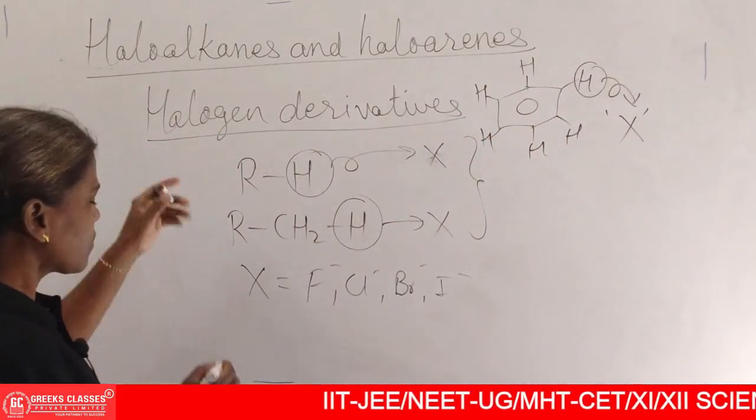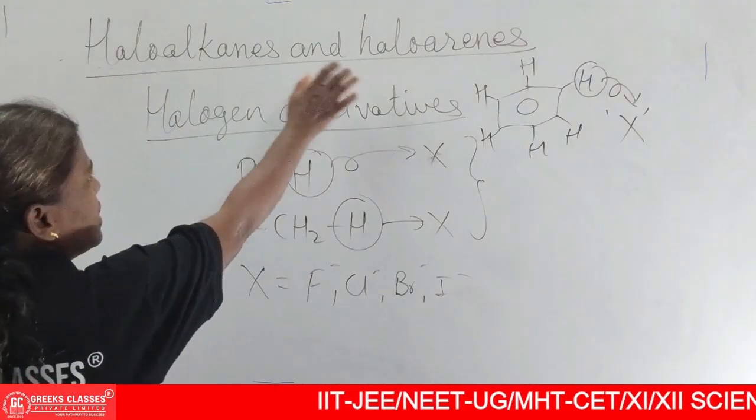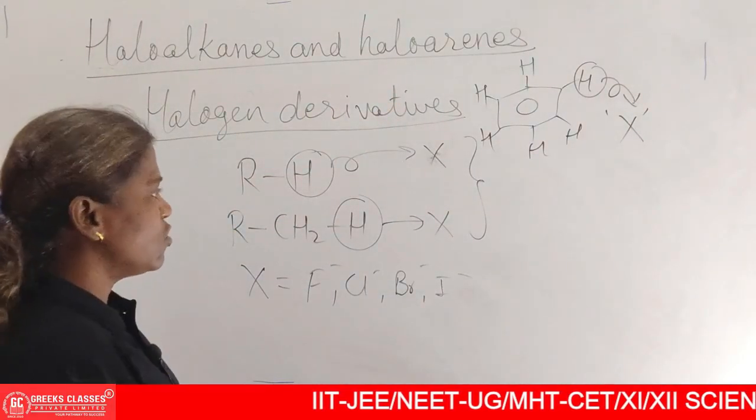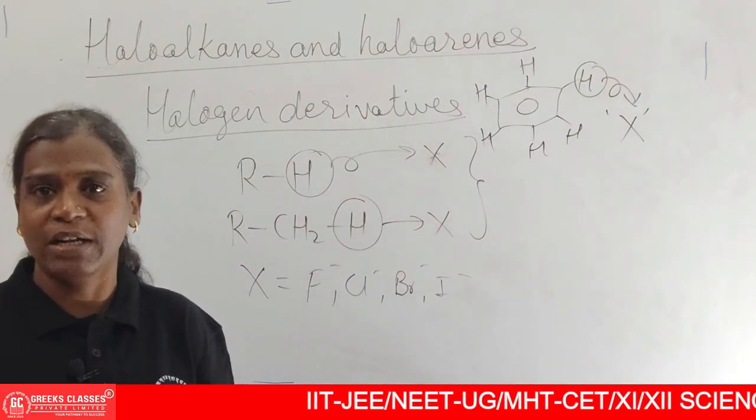So basically we are going to know haloalkanes and haloarenes in terms of aliphatic compounds and aromatic compounds.